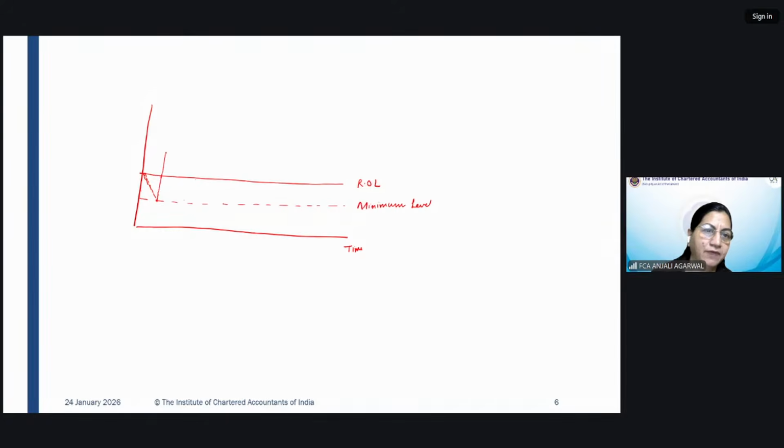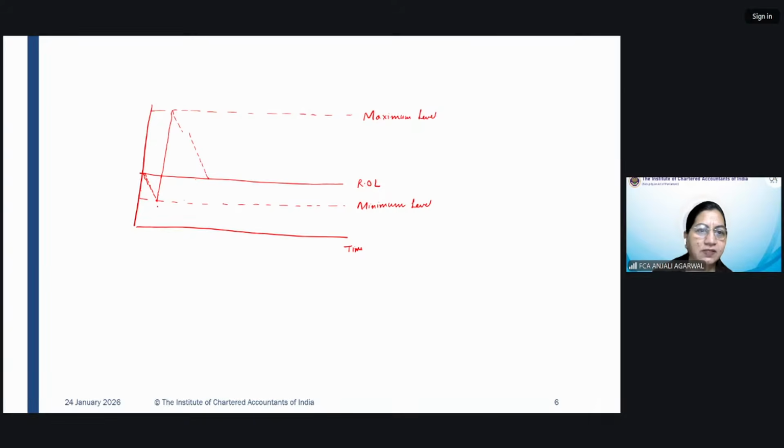And when you receive the stock, maybe immediately, your level moves up to a maximum level. You reach the maximum level.